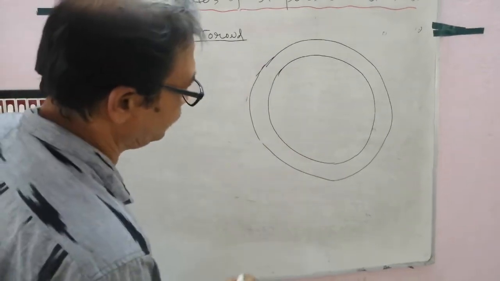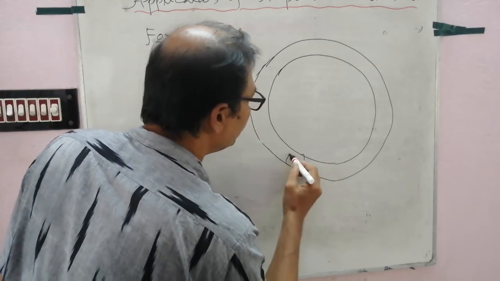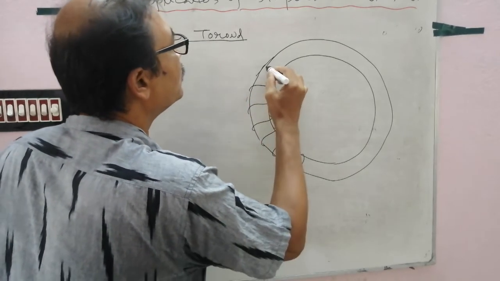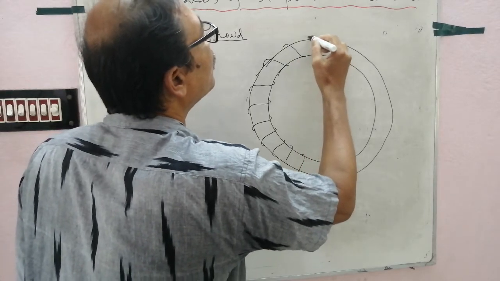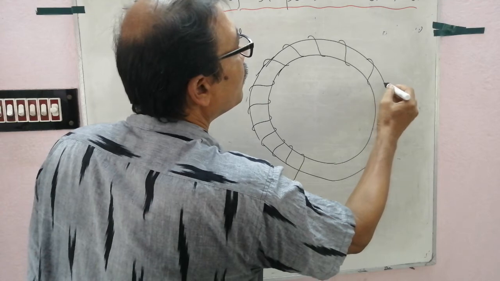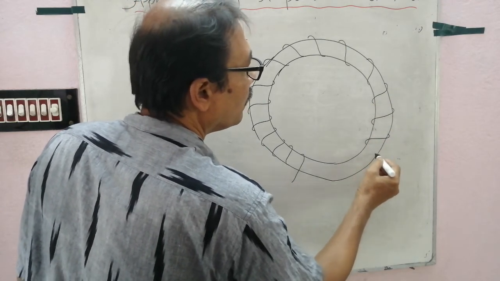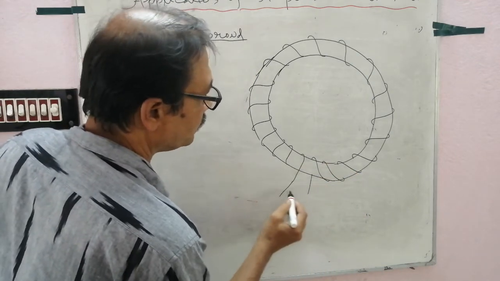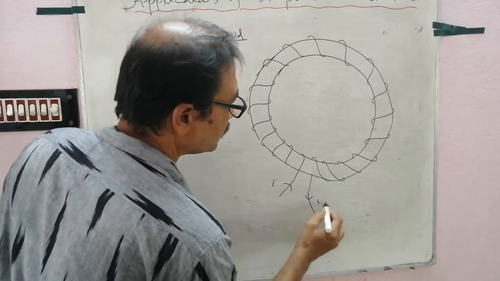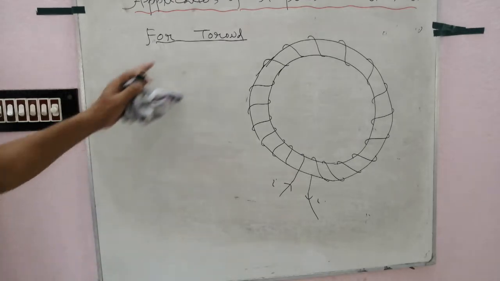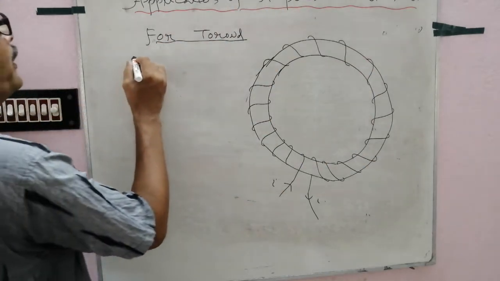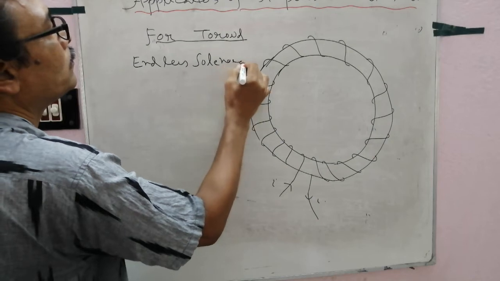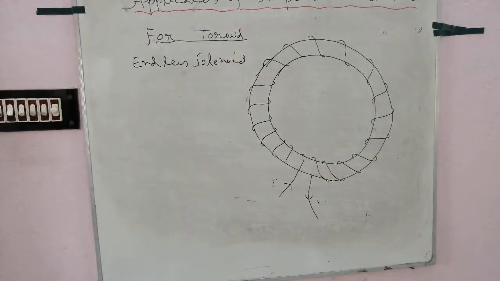If a wire is wound with several turns in this way around this ring, this is called a toroid or endless solenoid.